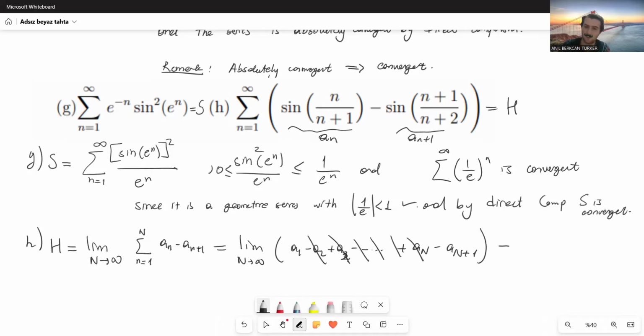When you take the limit, it is just a_1 minus the limit as n goes to infinity of a_(n+1).